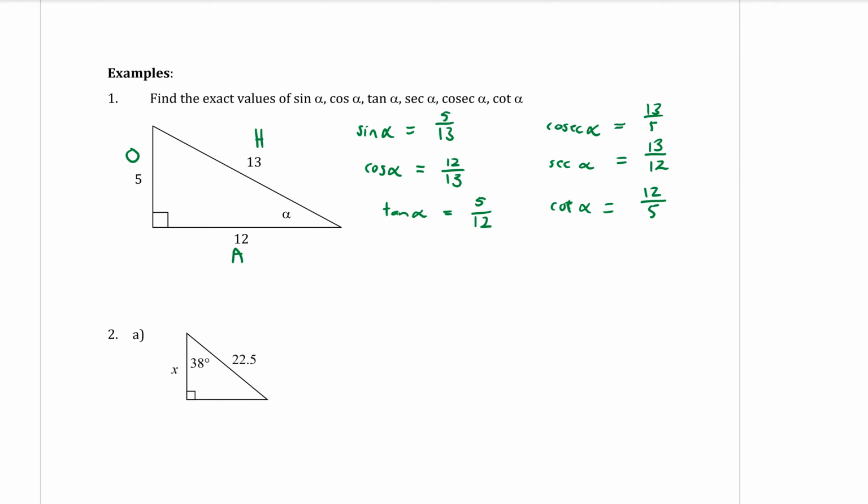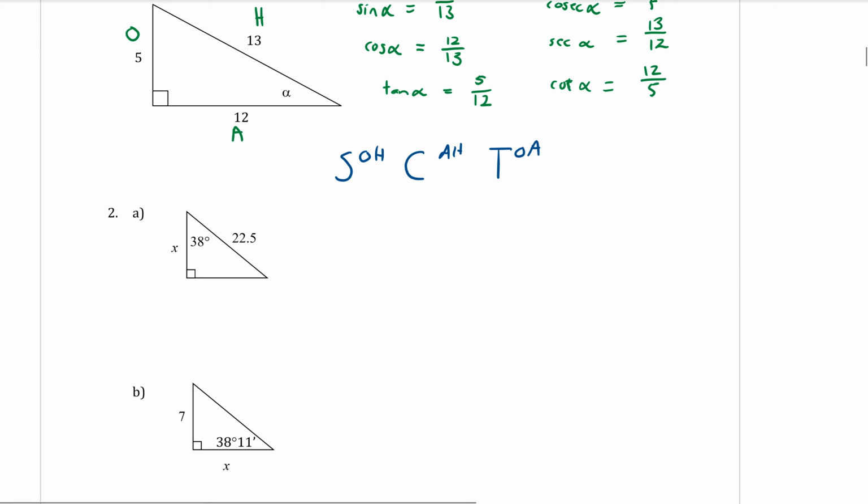Question 2, this is just good old-fashioned SOHCAHTOA, finding sides and angles in your triangles. So I'm going to write SOHCAHTOA up the top here as a reminder. Looking at question 2, the 38 is going to be the theta, that's the angle.